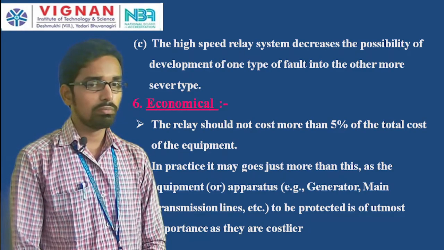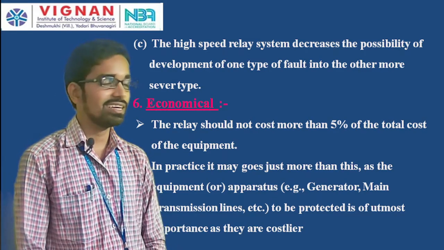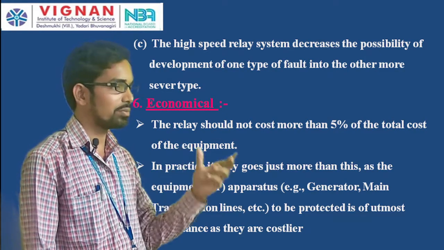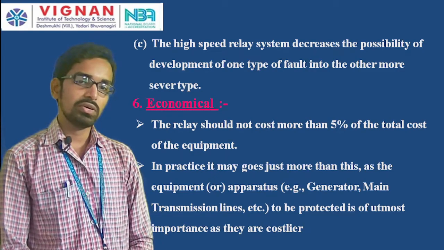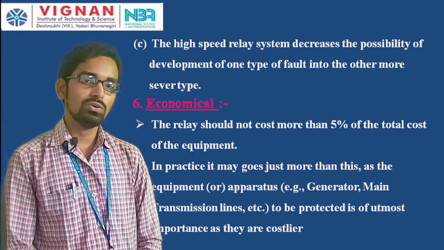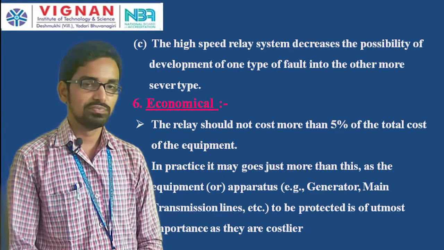The provision of protection is of utmost importance as they are costlier. Whatever equipment you are protecting is costly, so we need to provide protection for it, even if the cost is somewhat more than this 5%.